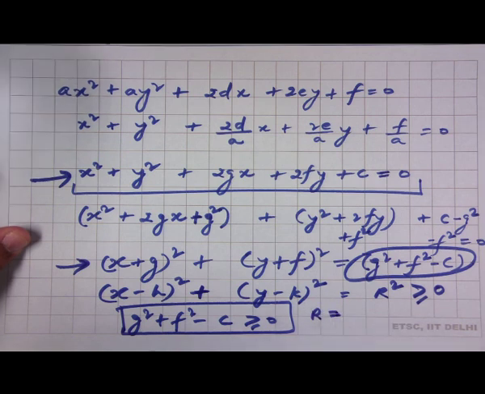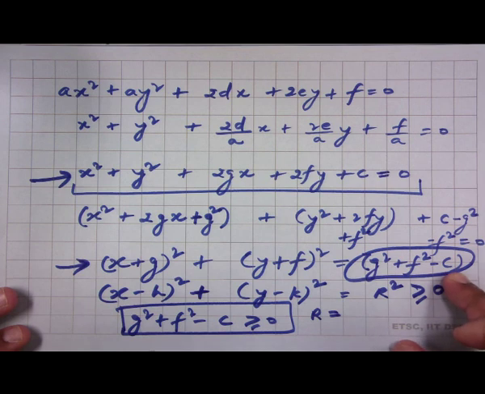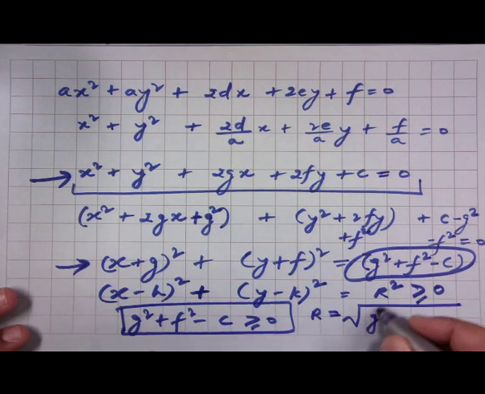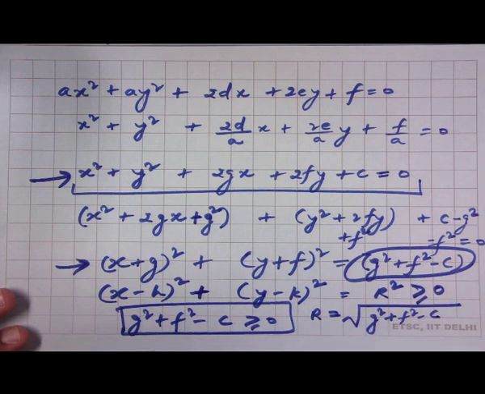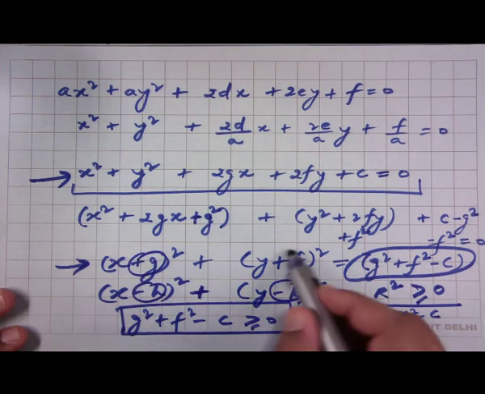in which case the radius is simply, because r square is this, the square root of g square plus f square minus c, and the center is h comma k, but h is minus g because this and this are equal, and k is minus f.